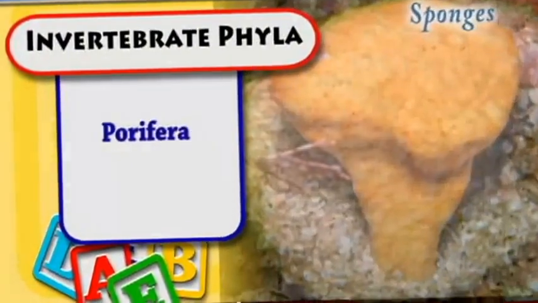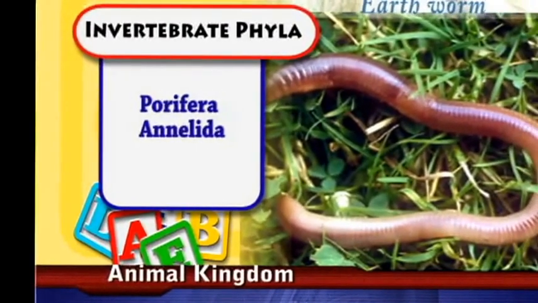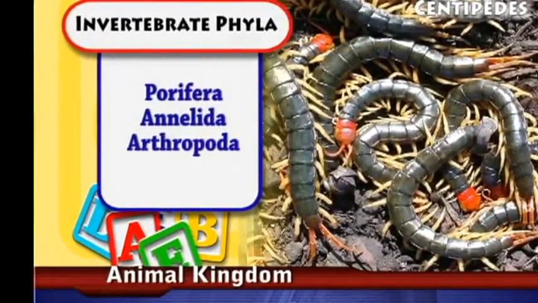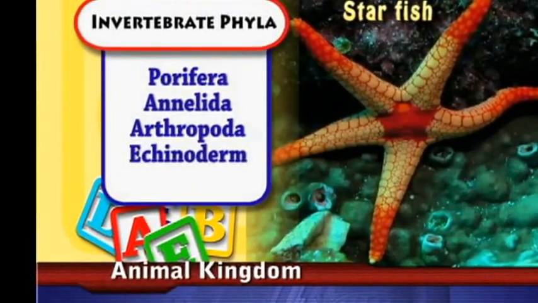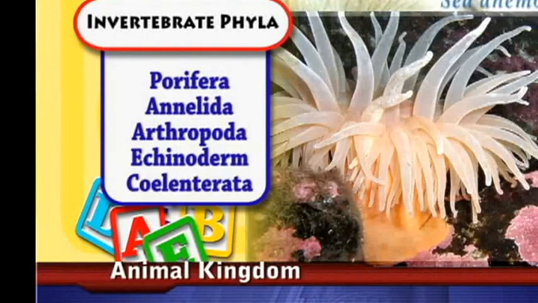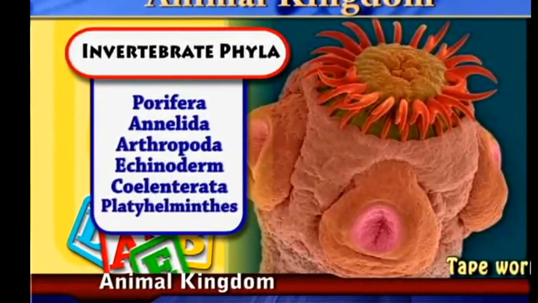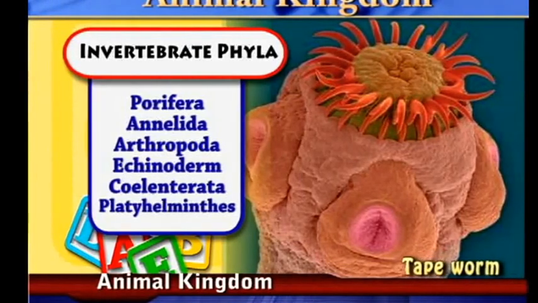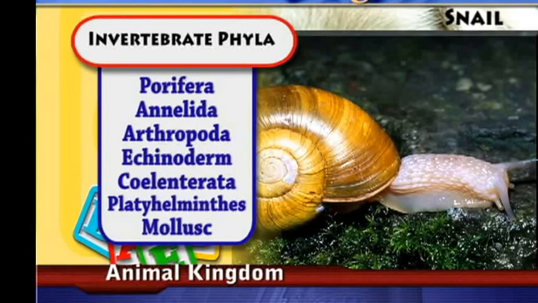We have phylum Annelida. We have phylum Arthropoda. We have phylum Echinoderm. We have phylum Coelenterata and phylum Platyhelminthes. We have also phylum Mollusca. These are the major phyla in the animal kingdom.